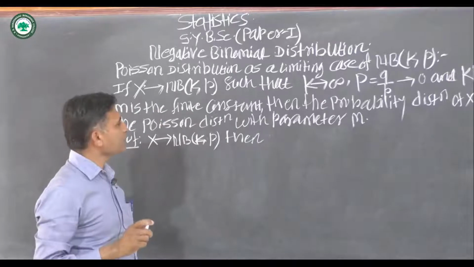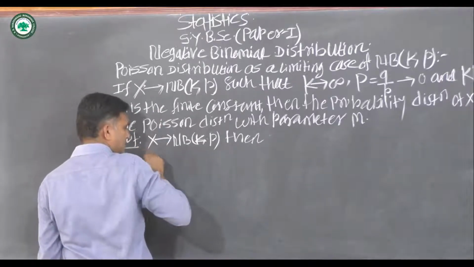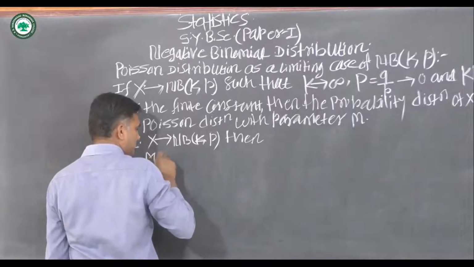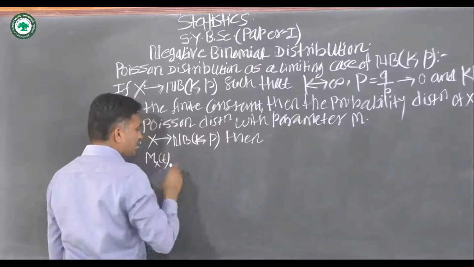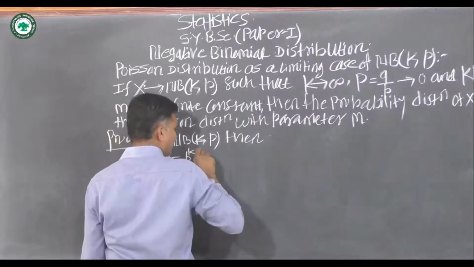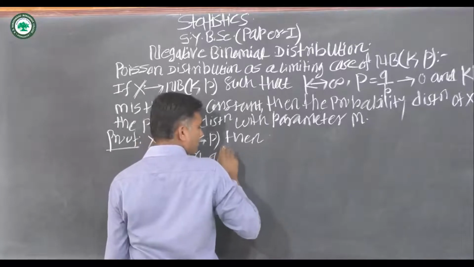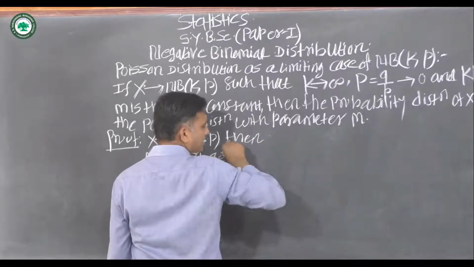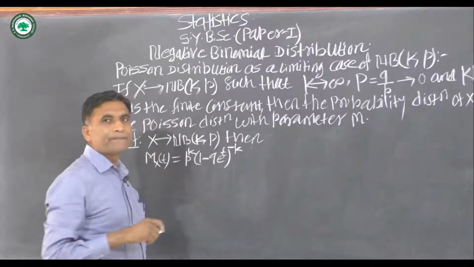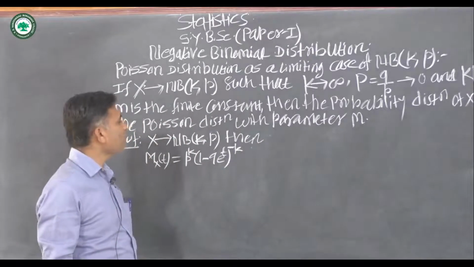Then the moment generating function of this random variable is M_X(t) is equal to p raised to k into (1 minus q into e raised to t) raised to minus k. This is the moment generating function of negative binomial distribution.